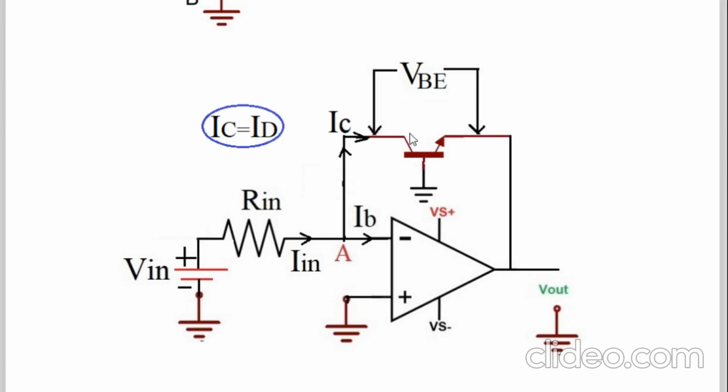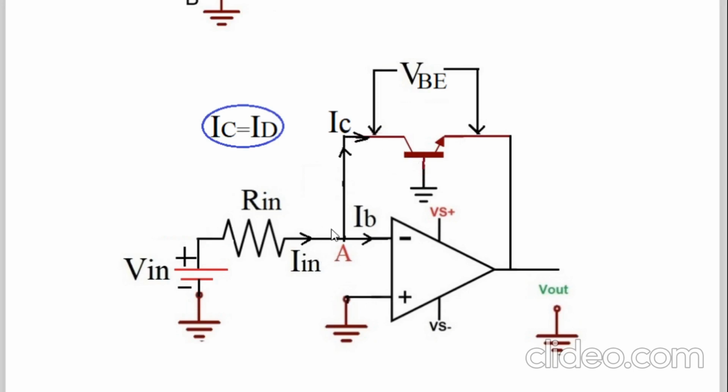Here you try to understand: this voltage between base and emitter we have written, not between collector and emitter, because the collector is short circuited with the base. So there is no collector to emitter voltage. How is it short circuited?